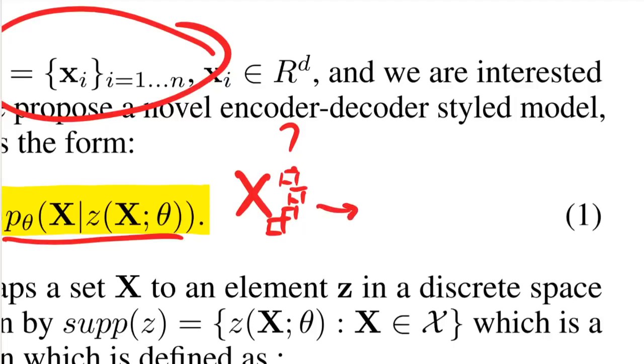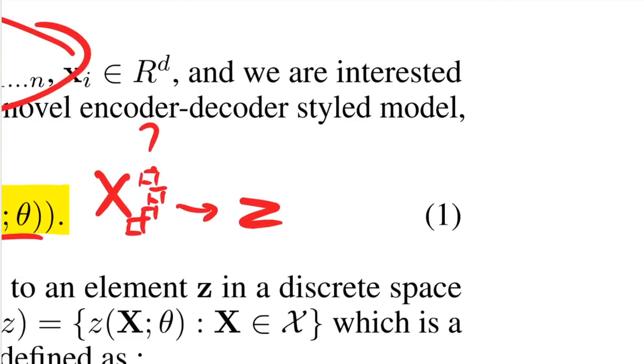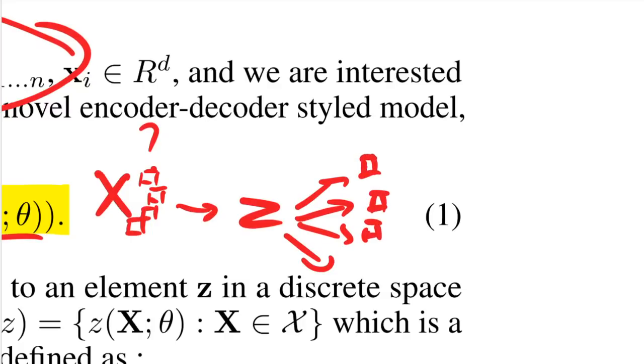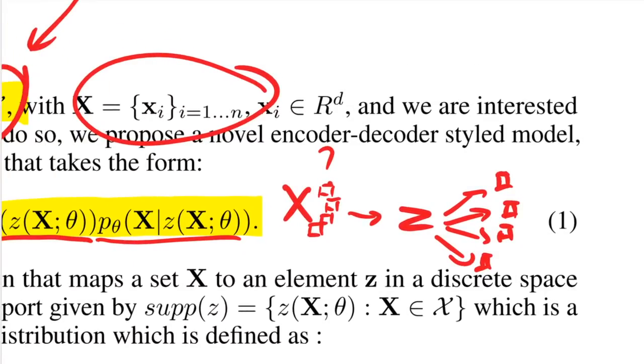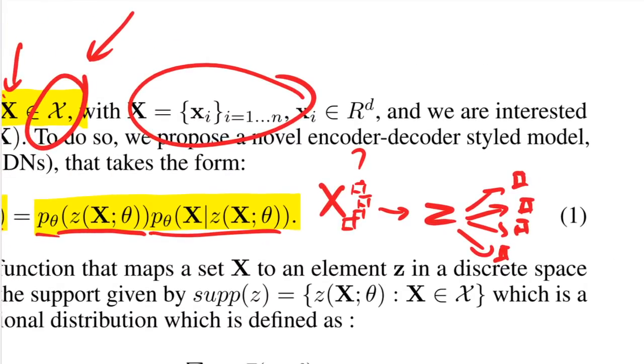I can first ask, what is the probability of that particular thing on the image? And then conditioned on that, what is the probability that I'll get these particular images, right? This simple decomposition already kind of builds up this model of encoding, decoding. So we'll go through that step.